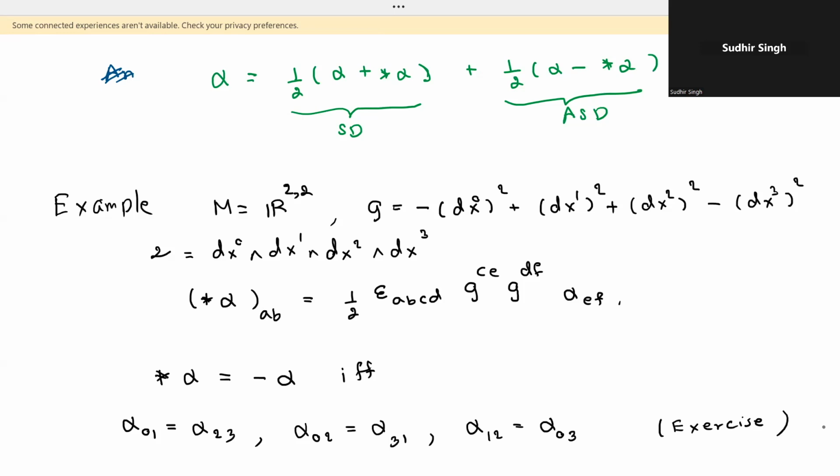Okay. Anti-self-dual. This is the meaning of the word anti-self-dual in the anti-self-dual Yang-Mills equation.